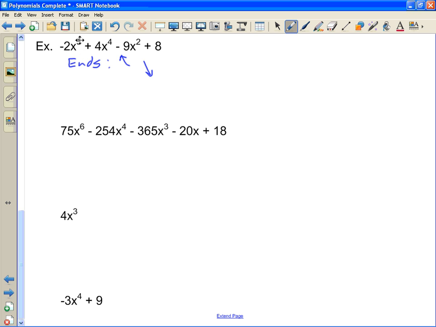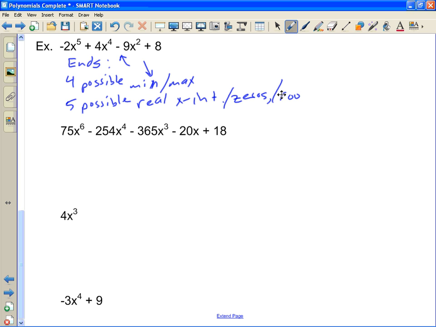And I can have at most 4 little bumps, 4 possible min-maxes, and 5 possible real x-intercepts. Remember, x-intercepts are the same as zeros or roots. So these all mean the same thing: zeros or roots.